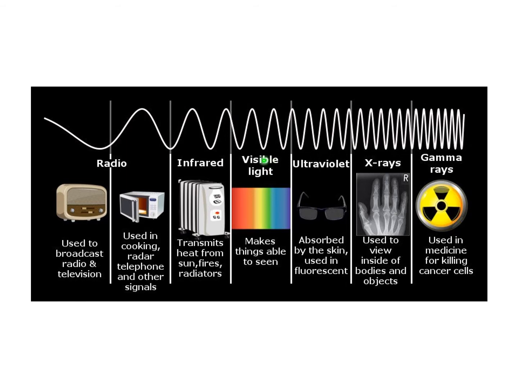We have visible light, which makes things visible to us so that we can see. We have UV light, and you can see what's happening to the frequency as we go from left to right. It's getting greater and greater, isn't it? We get to X-rays, which have very high frequency.